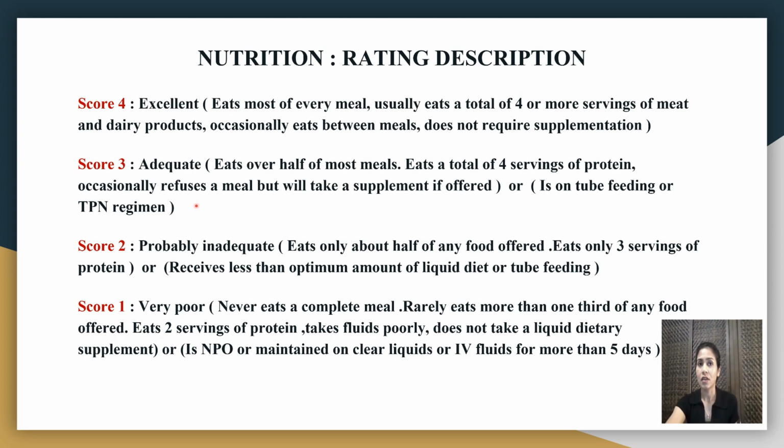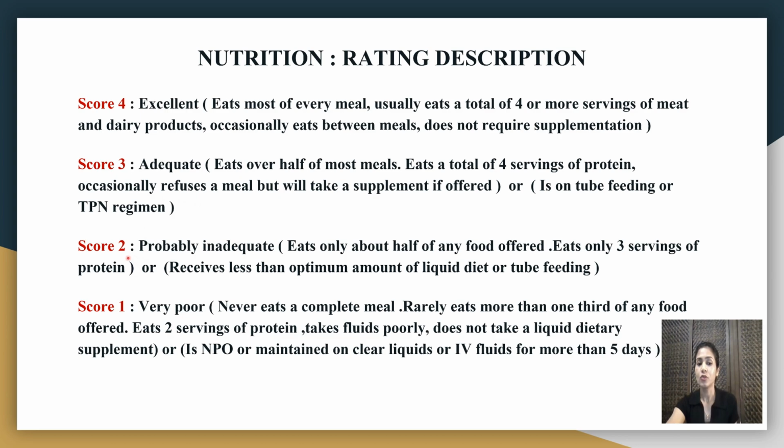So if a doctor or a dietitian advises us to give 6 tube feedings per day and we can give all the 6 feedings without any problem, you can give a score of 3. That means we are meeting the nutritional demand of the patient as advised.